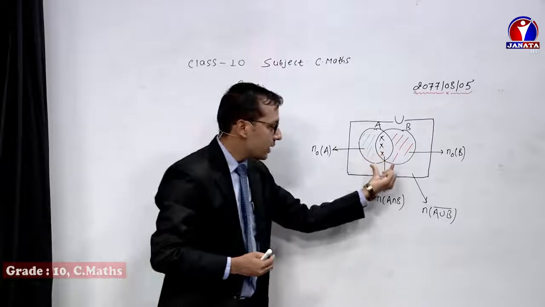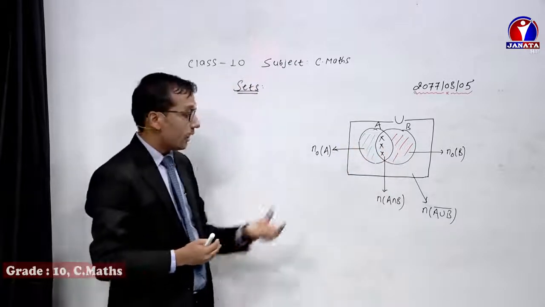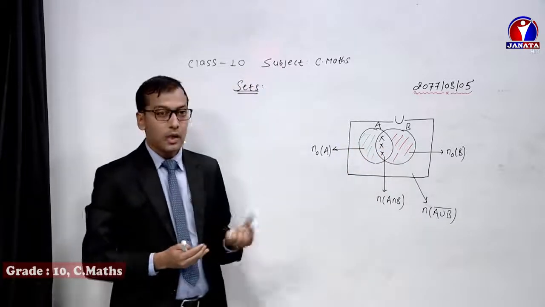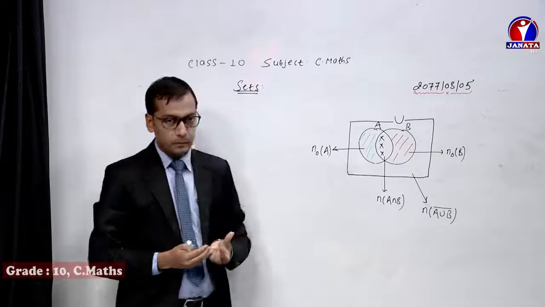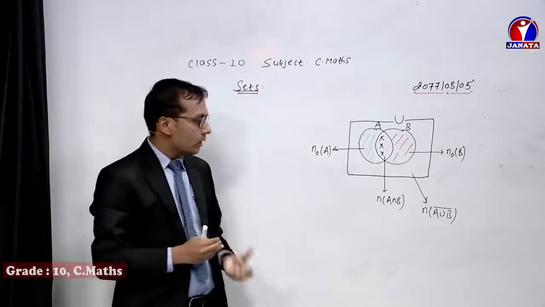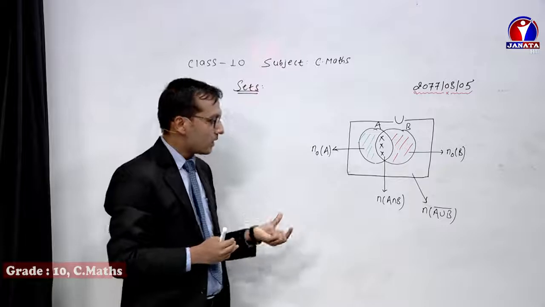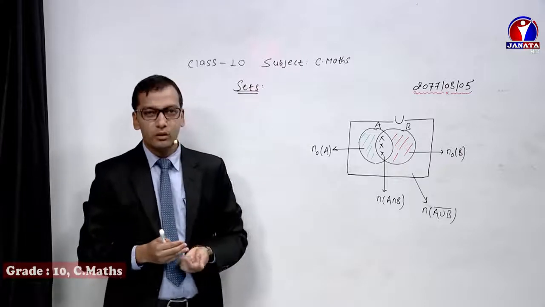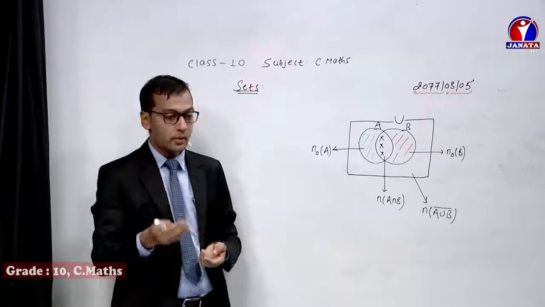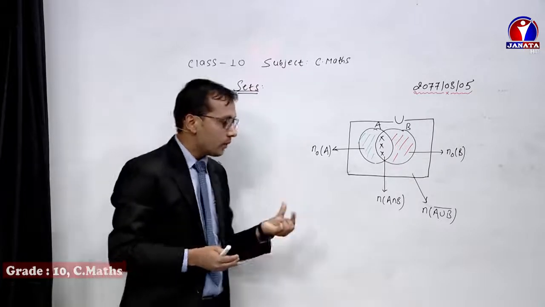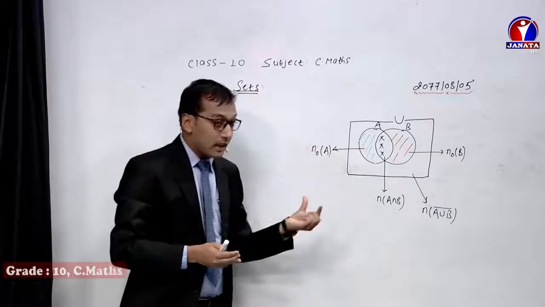So with the help of this Venn diagram, I am going to write some formulas, because especially in grade 10 we practice questions based on two subsets and three subsets both, but I prefer the Venn diagram method.